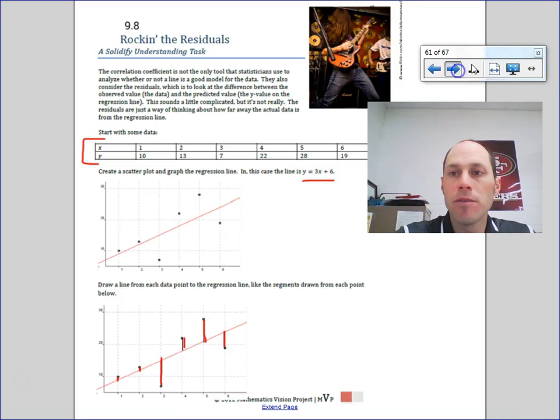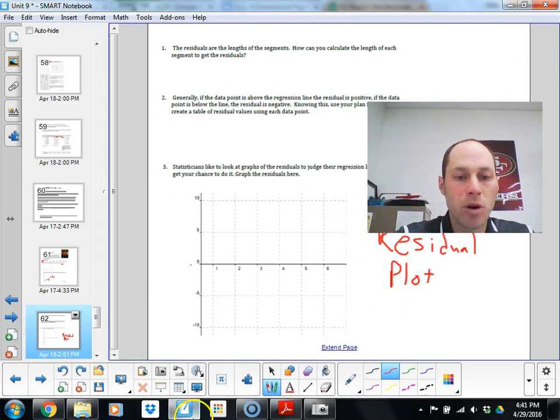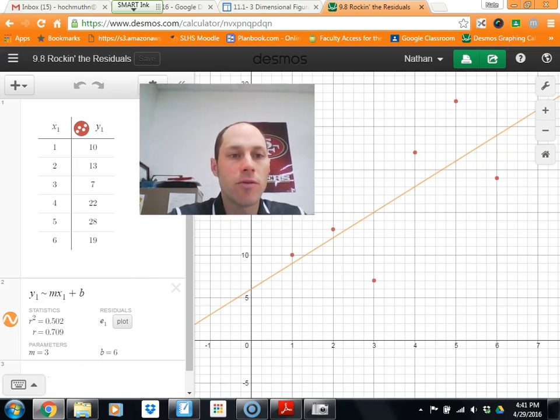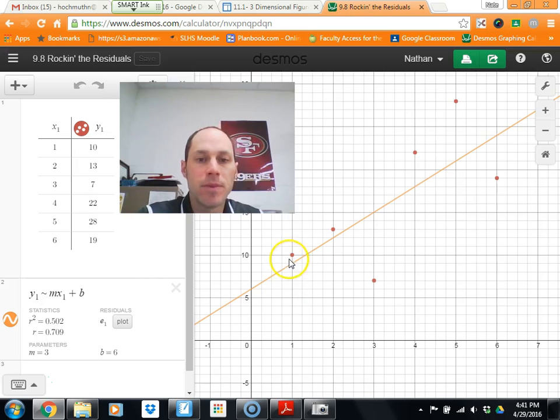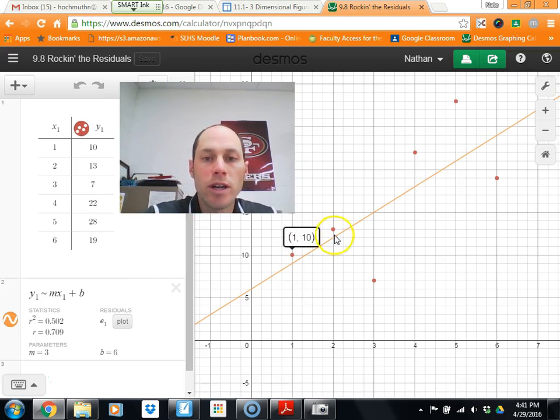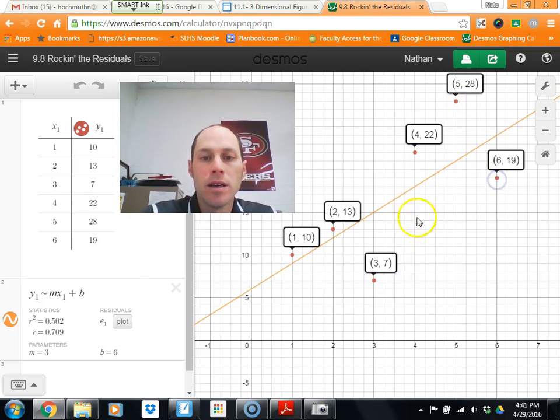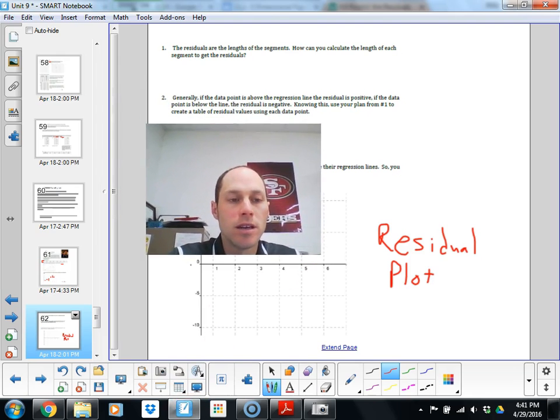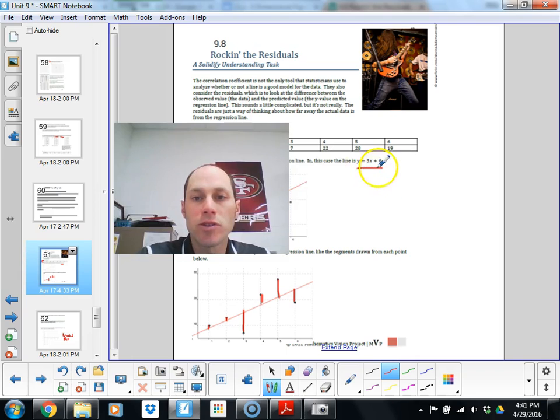So I put those on Desmos to help me out a little bit more. And what I'm going to do is take a look at how far off these points are. So if I'm looking at this point, (1, 10), and I've got these different values here, I want to see how far off I am. So one way to do that is to calculate, I could substitute, if we go back to our equation, so our equation is y equals 3x plus 6.